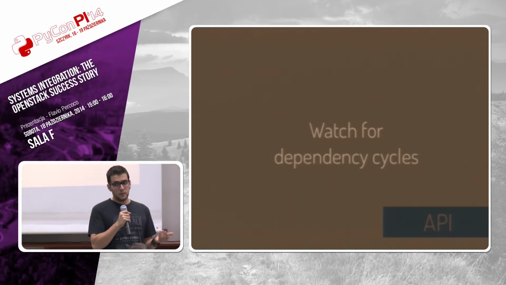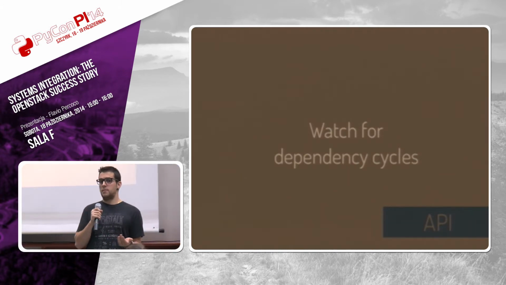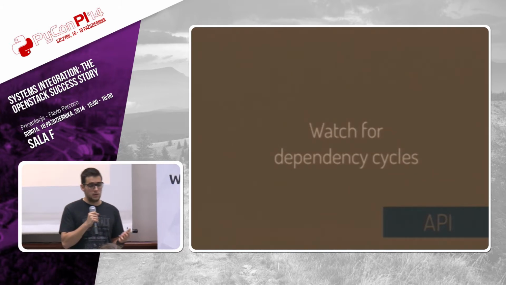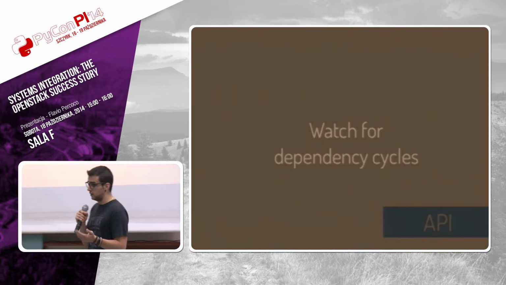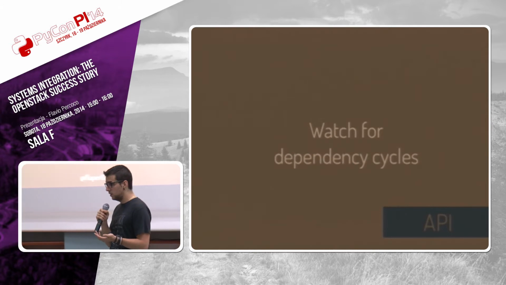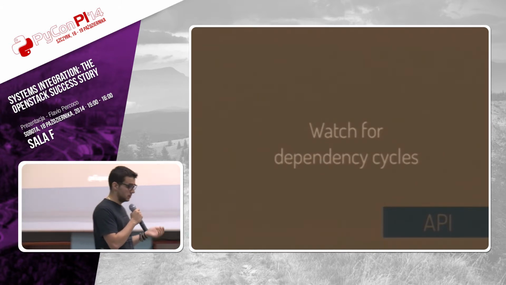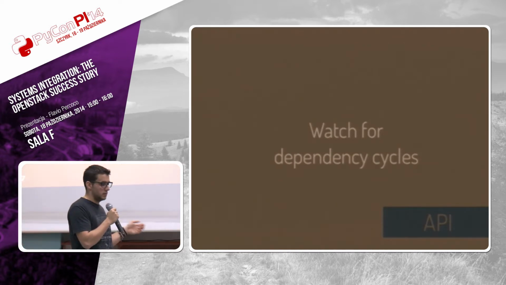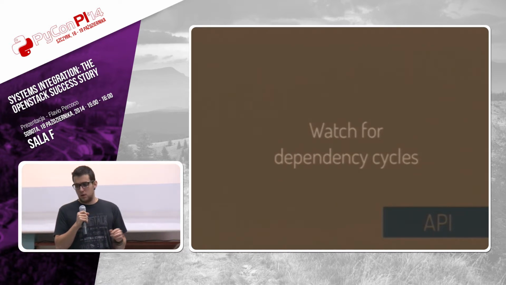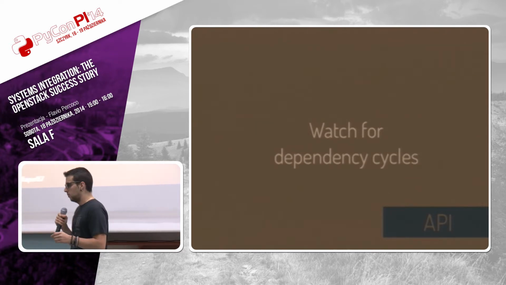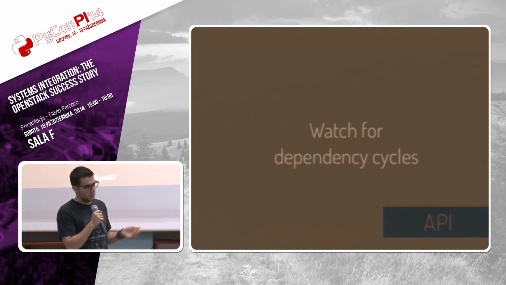Make sure your API is not defined in a way that it will end up in an infinite loop of messages traveling in your system, because service A depends on service B and service B also depends on service A. Try to avoid those dependencies, unless it is not possible, obviously. But make sure there's no infinite loop in your API.